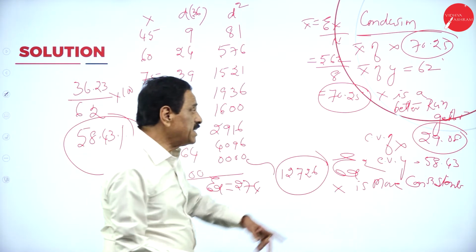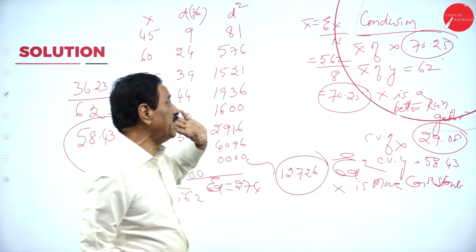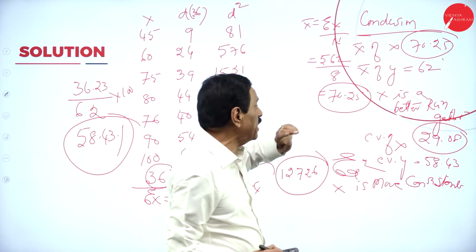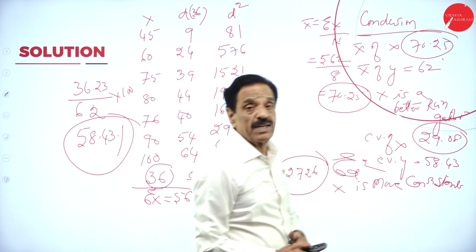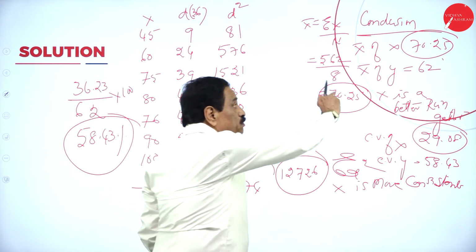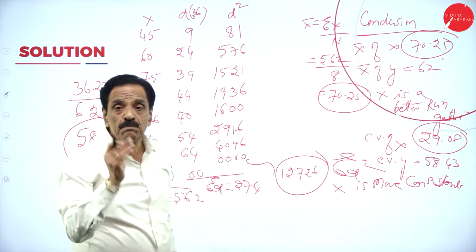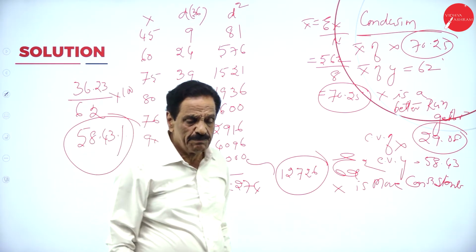Whose CV is less? X CV is less than Y. X is more consistent regarding run getting. X average is 70.25, Y's average is 62. Whose average is more? X average is more than Y. X is the better run getter.